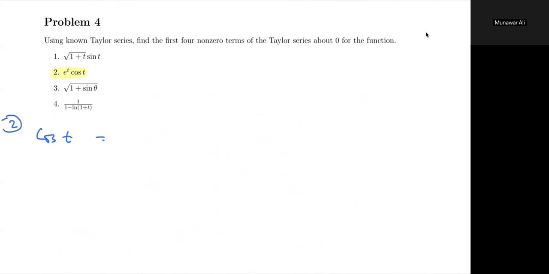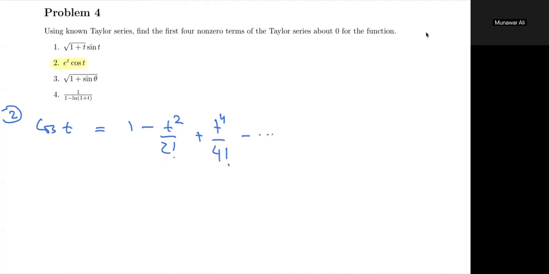So cosine t is equal to 1 minus t square over 2 factorial plus t to the 4 divided by 4 factorial, and so on.